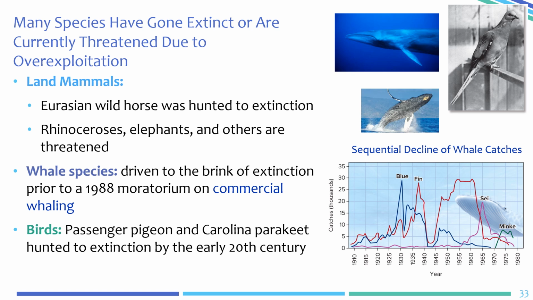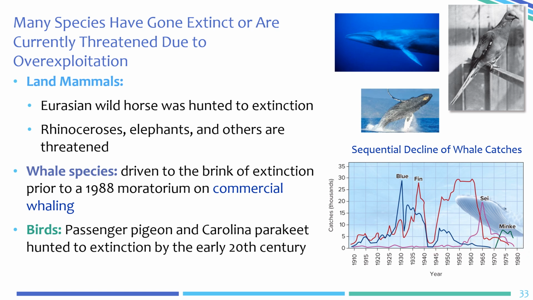Whales, many of our larger baleen whales, were pushed to the brink of extinction by the late 80s due to commercial whaling. At that point, the countries that were involved basically realized that they could not sustain commercial whaling without some major changes. So this graph here shows the decline in the number of animals that were present.